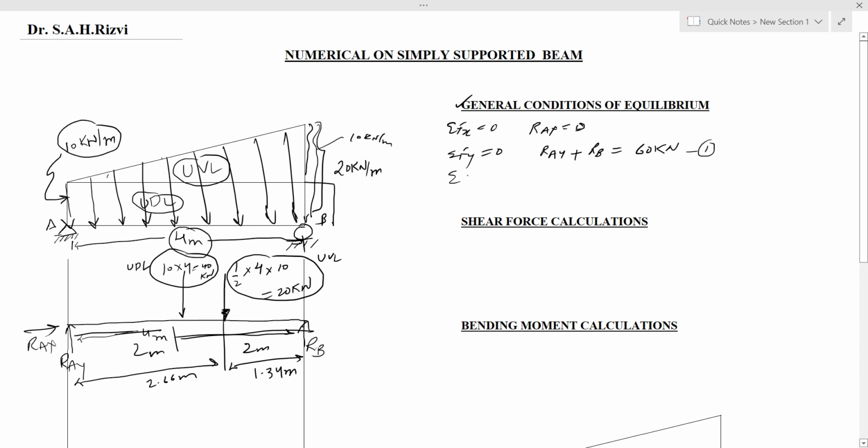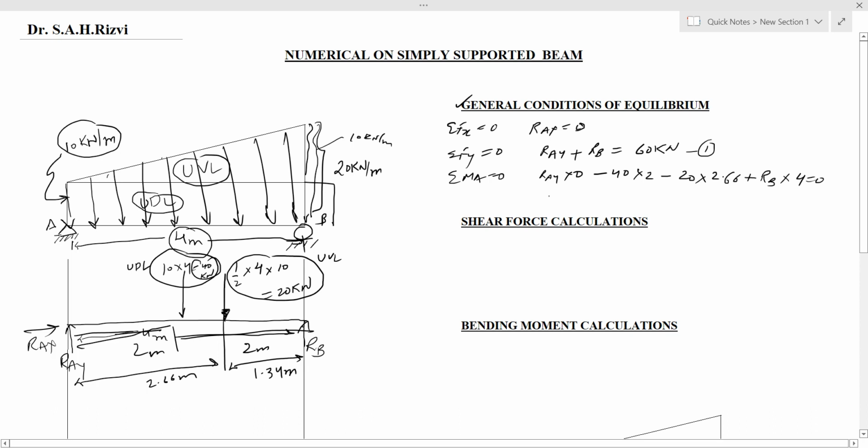Now taking moment about point A, sigma MA equals 0. RAY into 0 since it is acting at point A, minus 40 kilonewton into perpendicular distance from point A, which is 2 meter, minus 20 into perpendicular distance 2.66 meter, plus RB into perpendicular distance 4, equals 0.